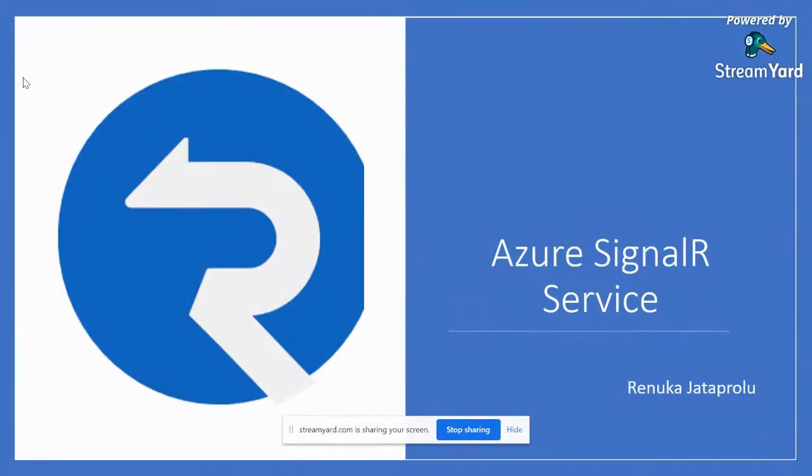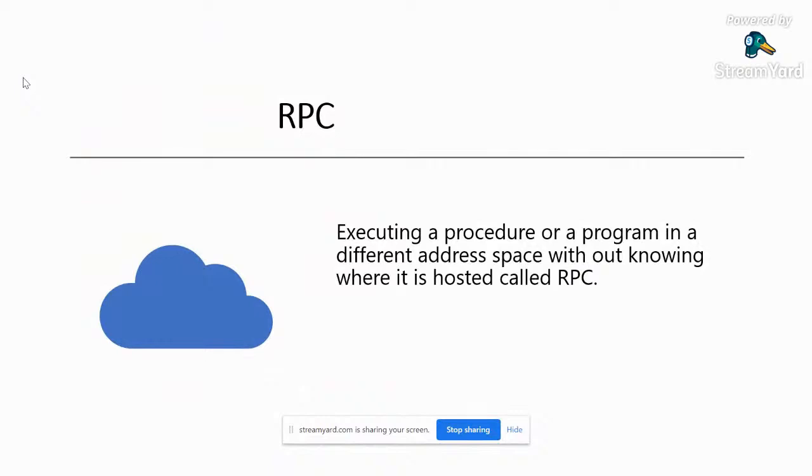So I'm going to speak about Azure SignalR service. Before we go on to Azure SignalR service, let us understand what exactly RPC is about. As the name says, it is a remote procedure call. In this technology, it is not required to know in which system the other application is running, where both applications need to communicate.